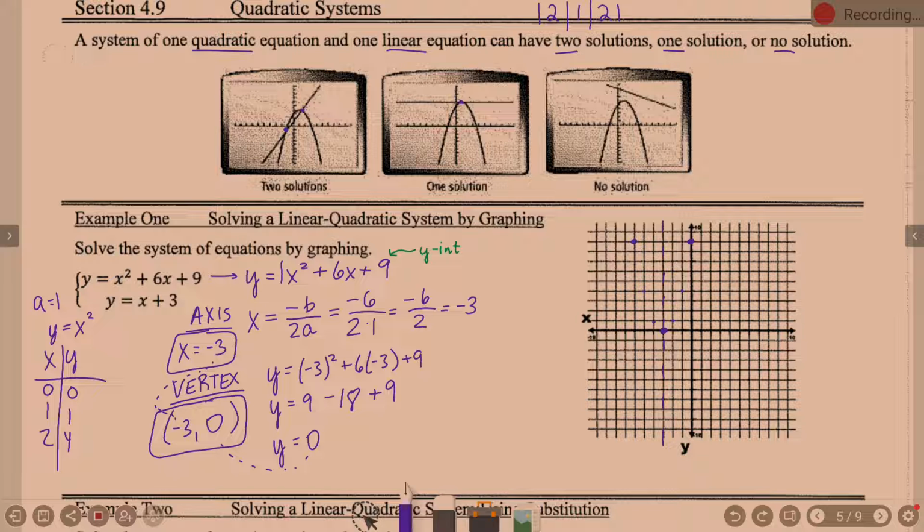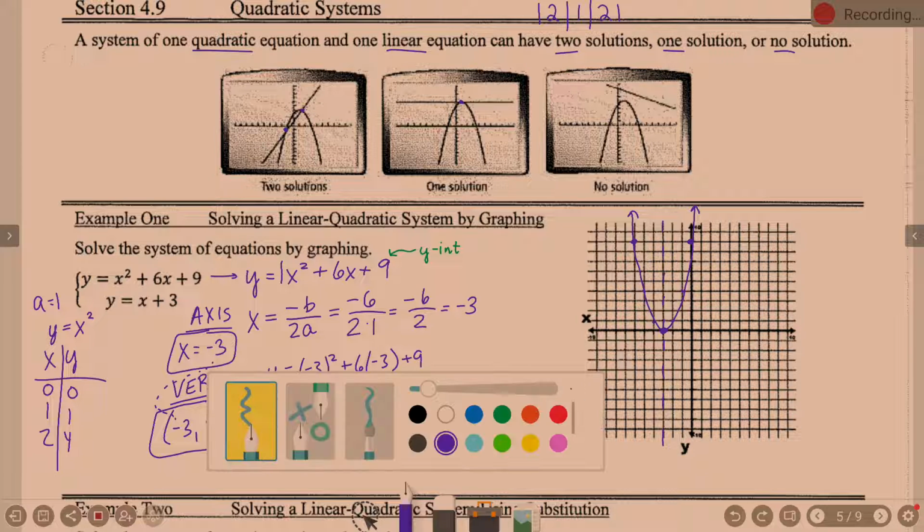But there's your parabola, yes? Not the best drawing on the right side, but that's pulling all the information we know together about parabolas.